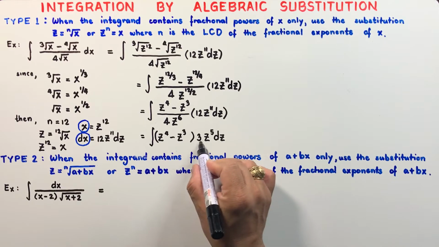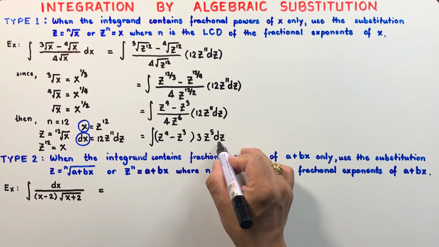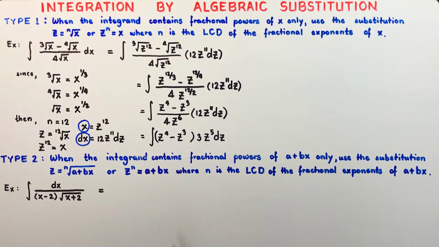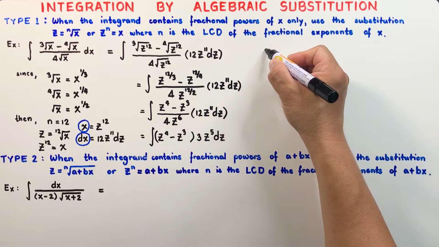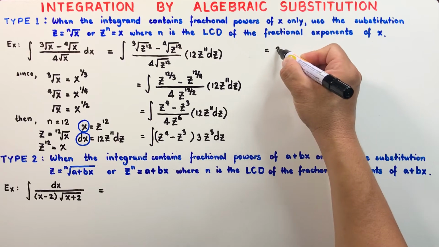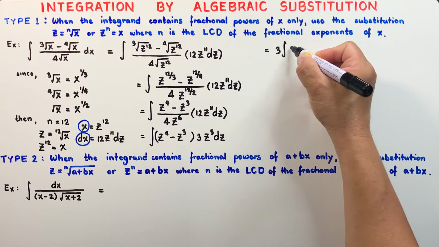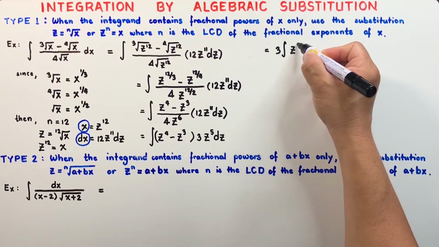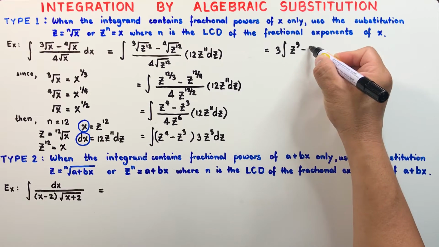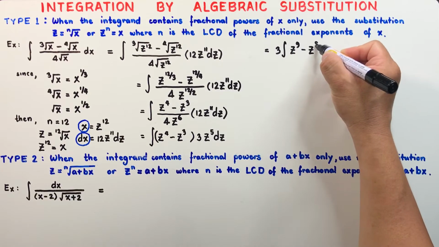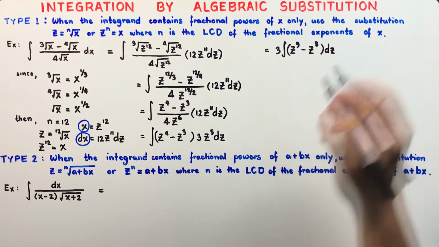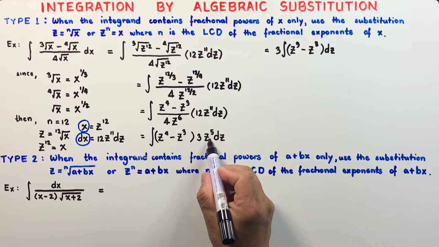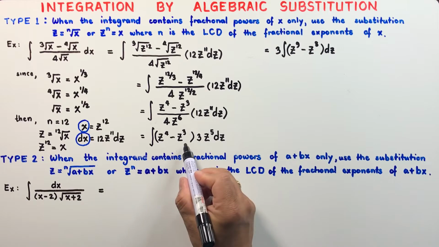Now, factoring out this constant 3 in front of the integral symbol, we have 3 times the integral of z to the power of 9 minus z to the power of 8 dz, because we can distribute this z to the power of 5 to this binomial here.